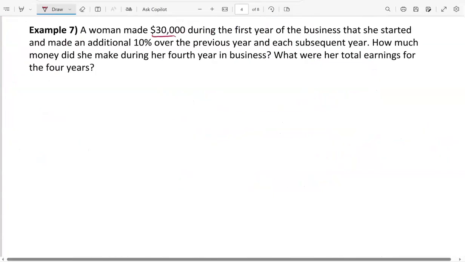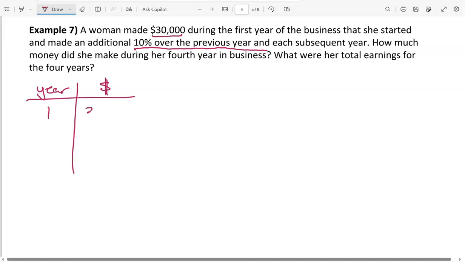A woman made $30,000 during the first year of a business that she started, and she made an additional 10% over each previous year for each subsequent year. We're looking for how much money she made during the fourth year of business and then her total earnings for the 4 years. So let's make a table of values, the year and her earnings in dollars.